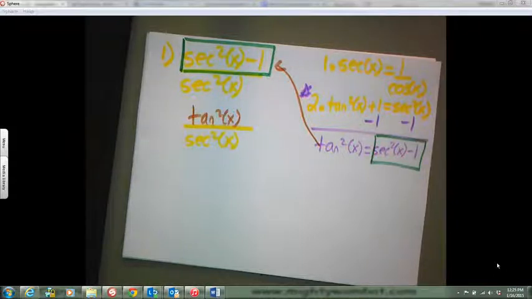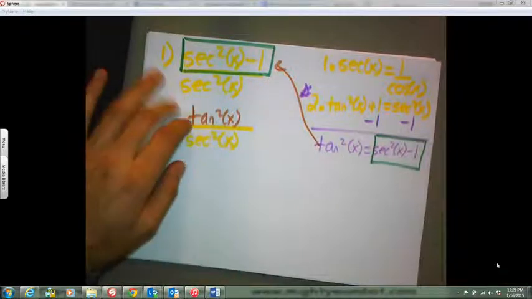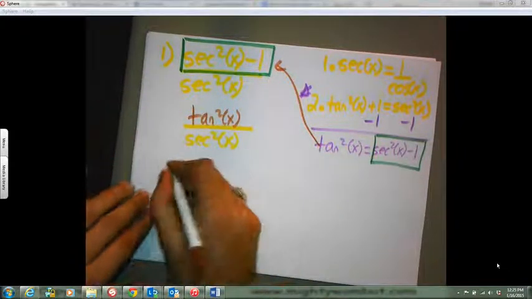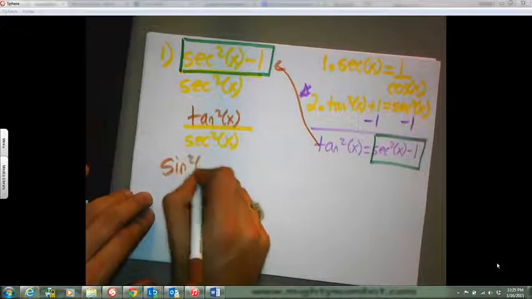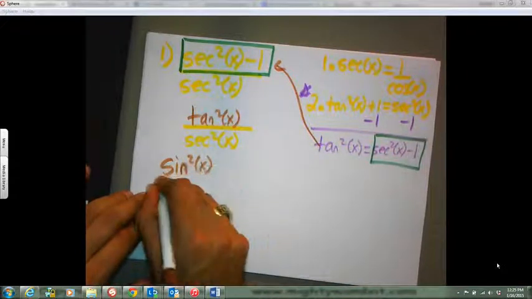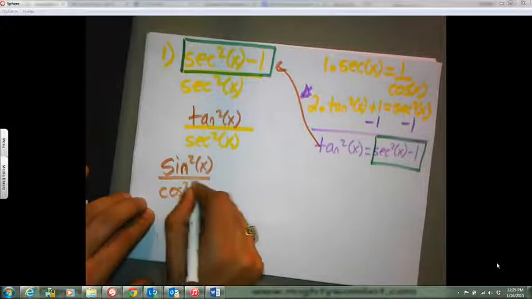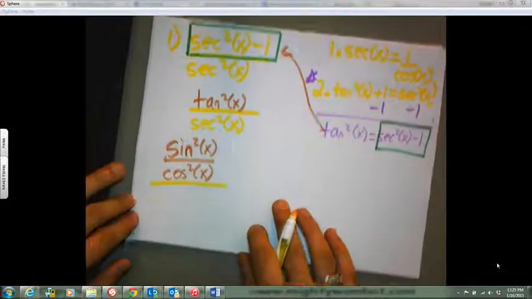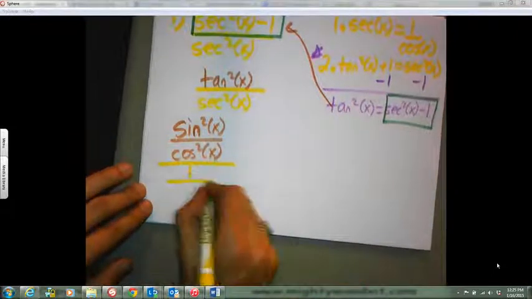Now I want to simplify this, so I can do what? Well, I can rewrite tangent and I can rewrite secant. So tangent is really just sine squared of x over cosine squared of x, divided by secant, and secant is just 1 over cosine squared of x.